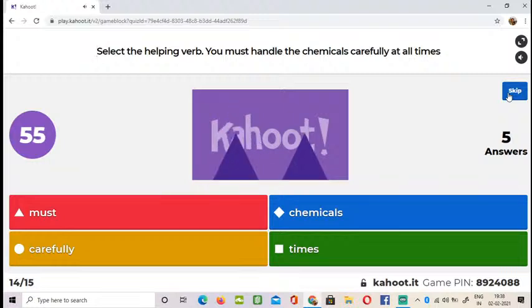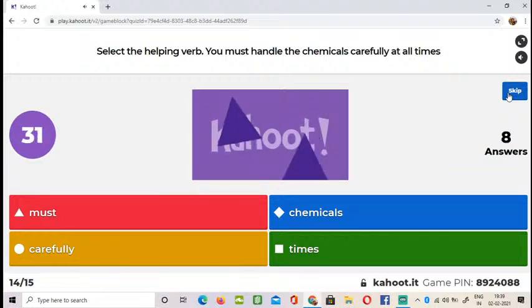A helping verb, for example, is in I am resting. Here am is the helping verb, because I resting does not have any meaning, right? So it's I am resting. So am here is the helping verb. That's how you have to know the helping verb.